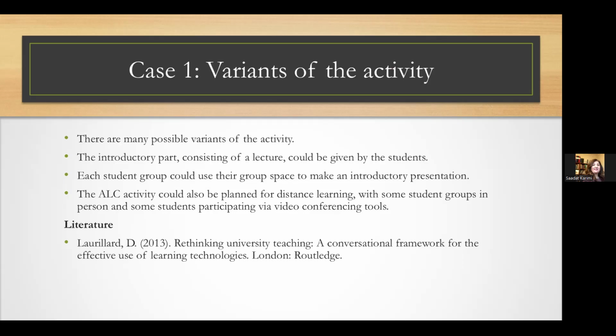Each student group could use their group space to make an introductory presentation. The ALC activity could also be planned for distance learning with some student groups in person, so physically attending, and some students participating via video conferencing tools.